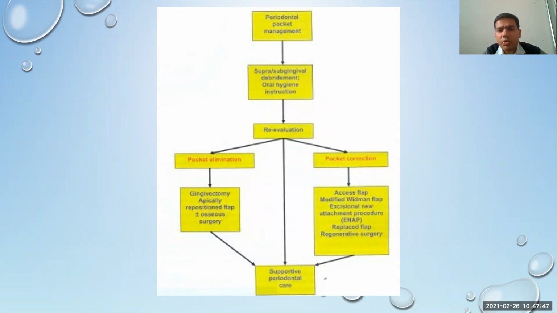It does not eliminate the pocket, and this reduction is usually due to the shrinkage after removal of all the irritants and the pocket lining. After this, the patient is kept on supportive periodontal care, and again is re-evaluated at timely intervals to see if the pocket is progressing or not.